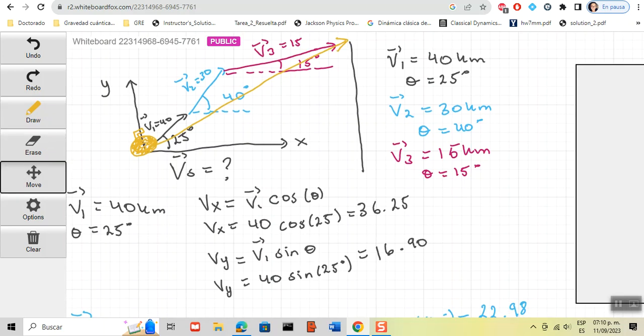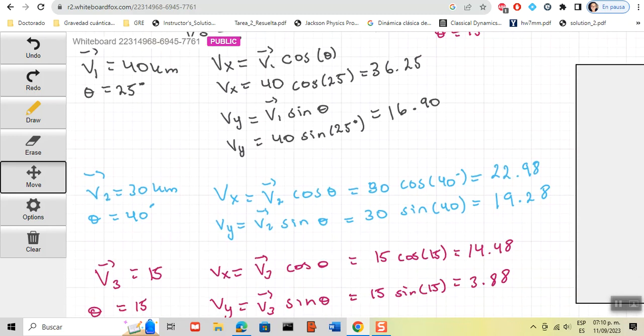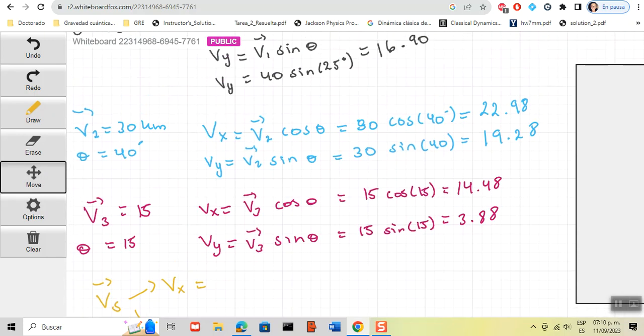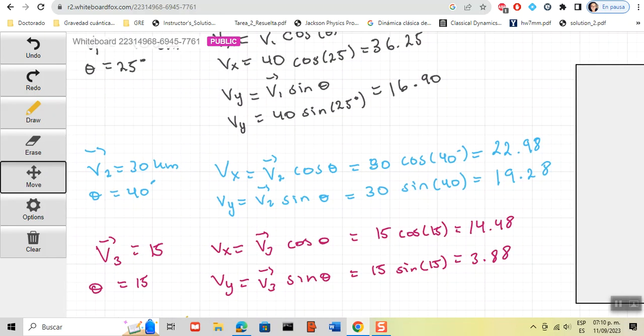I'm going to do it in yellow, so we know that's what we're doing. The vector submarine is going to be divided into its component in x and its component in y. And the component in x is going to be made up of all the components in x of vector 1, vector 2, and vector 3.